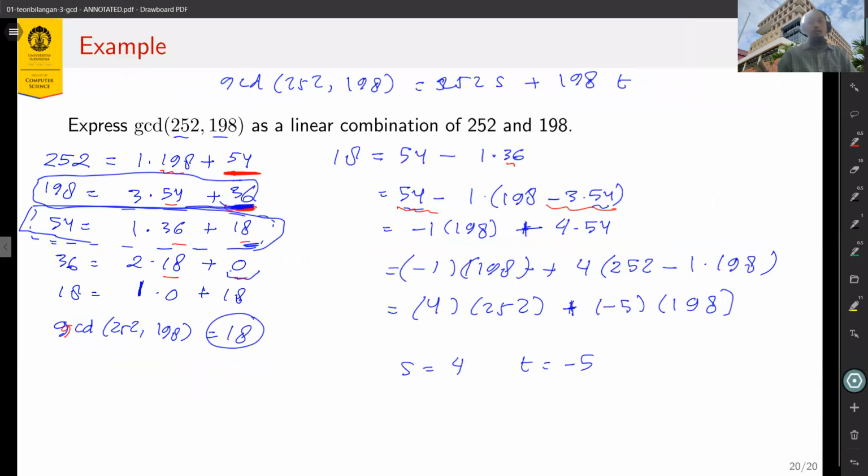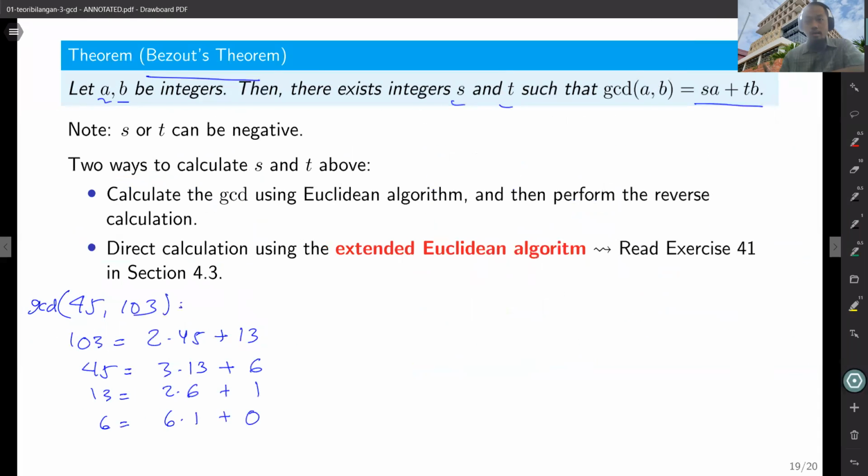I think we stop here, right? So here is what we do. Here is the last line. The previous last line is maybe confusing, but let's stop when the remainder is 0, right? So we have this. So the GCD of that is actually 6, right?